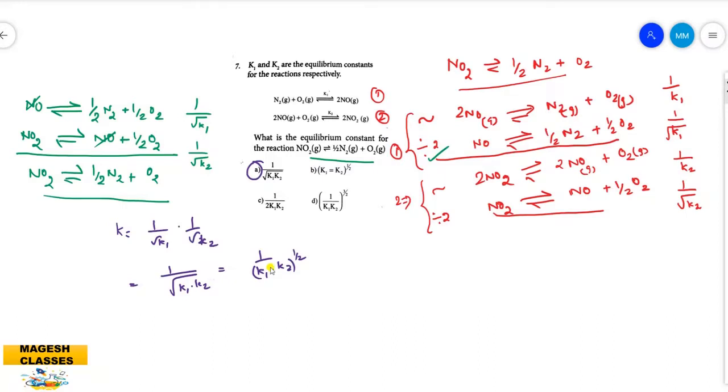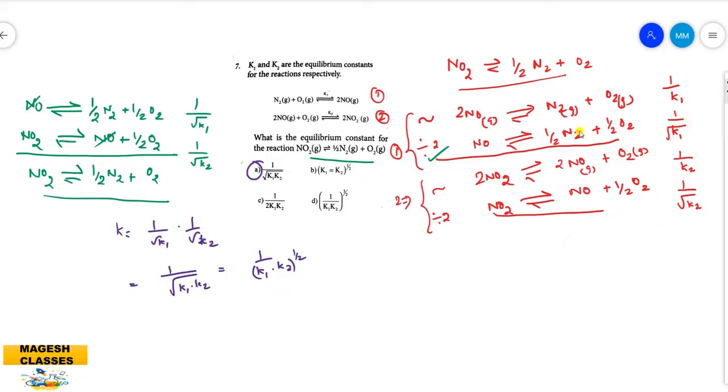By consolidation, it is very simple. In order to obtain the equilibrium constant in the question, the first is inverted, reversed, so the value is 1 by K1. To obtain 1 mole of NO, it is divided by 2, and so it is 1 by root of K1. And the second equation is also inverted, 1 by K2, and divided by 2.